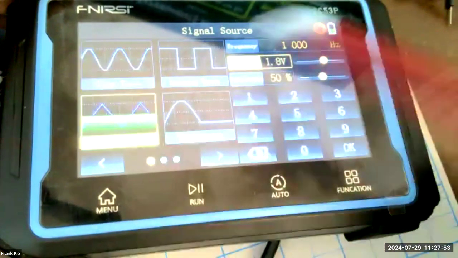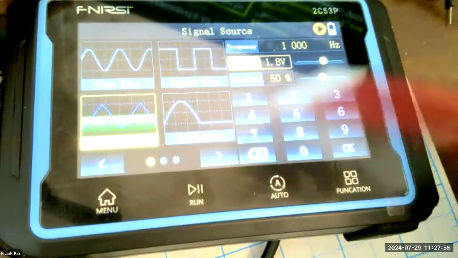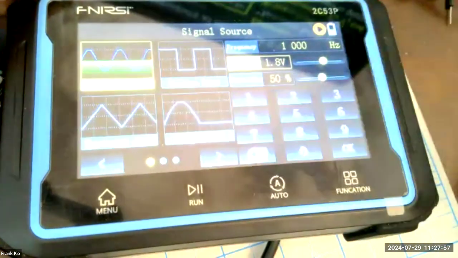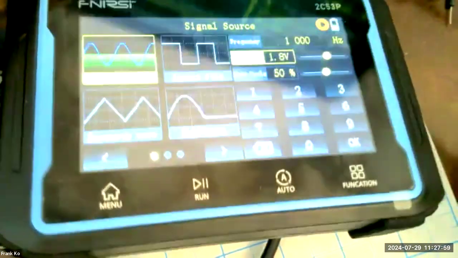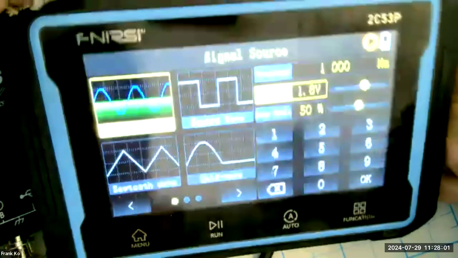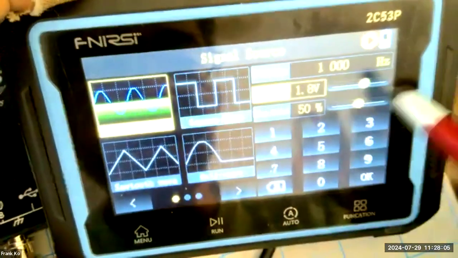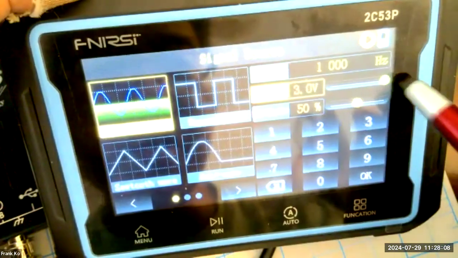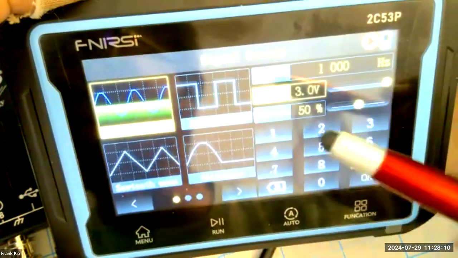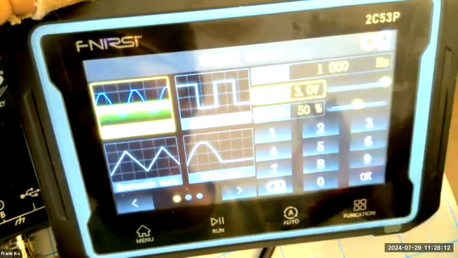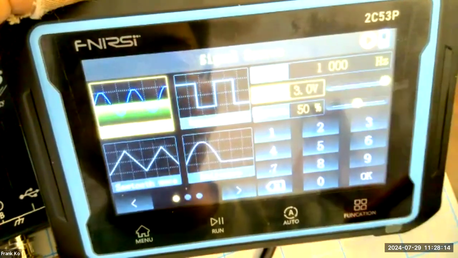So sine wave, 1 kilohertz, touch something accidentally. So I want sine wave, 1 kilohertz. Oh, my voltage changed because my pen came close to it. All right, so I want a 3-volt peak to peak, which is 1.5 volt peak, 50% duty cycle.